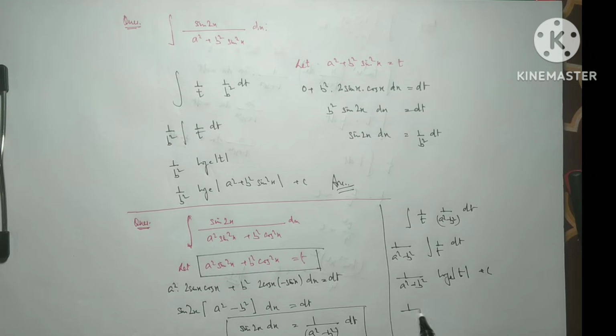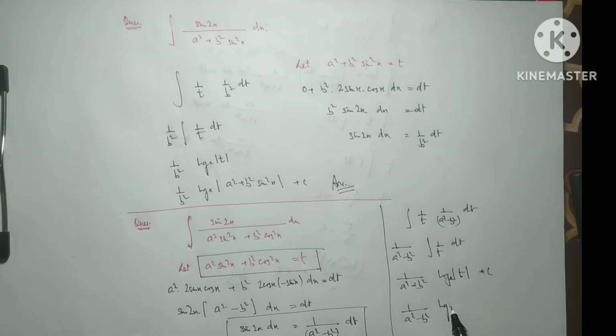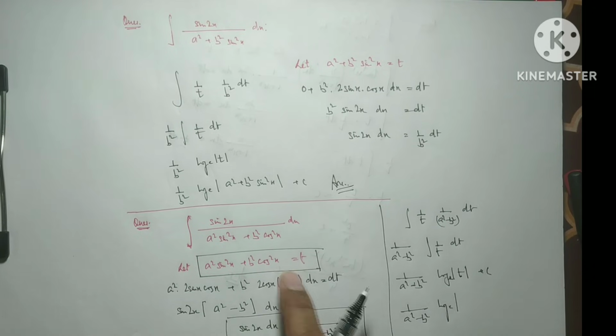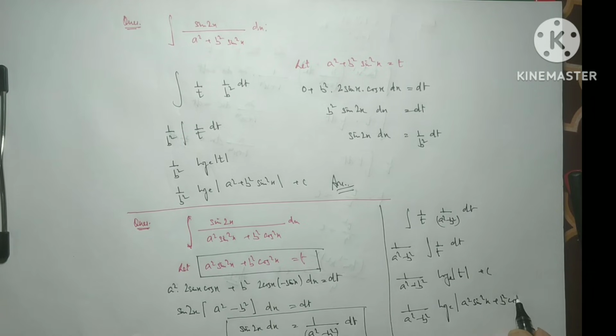It means the result will be 1 over a square minus b square and log of a square sin square x plus b square cos square x plus c.